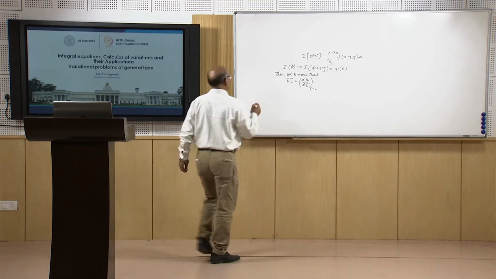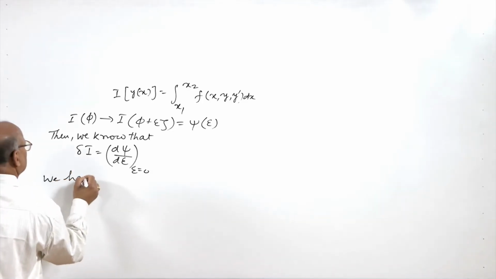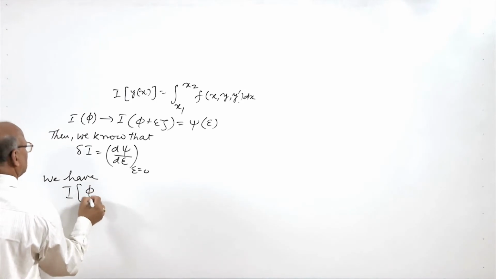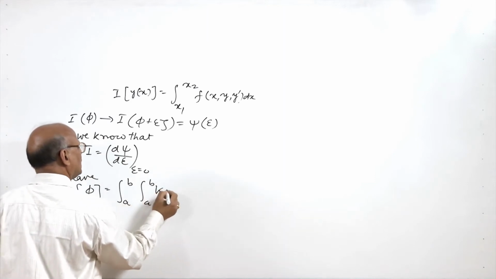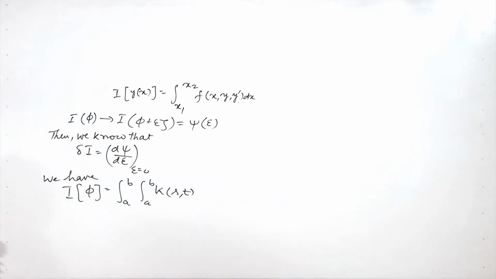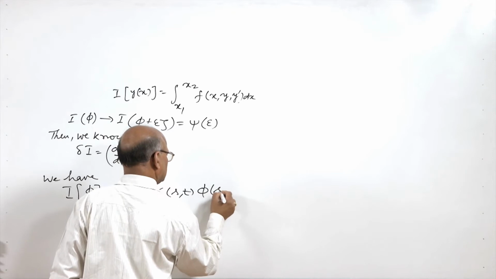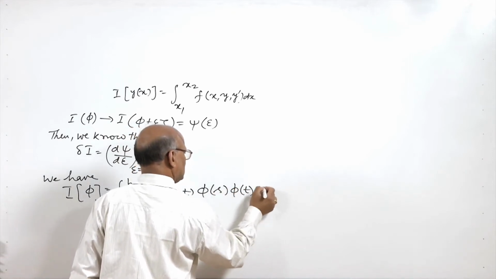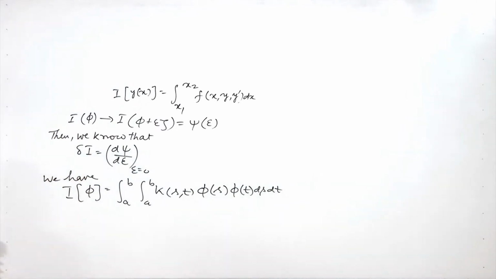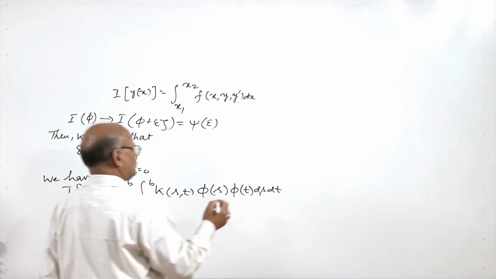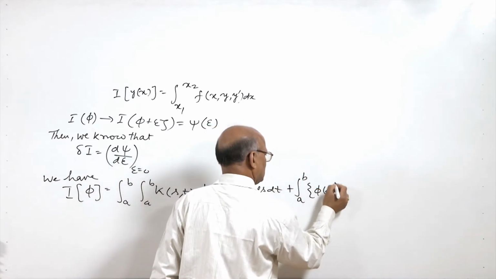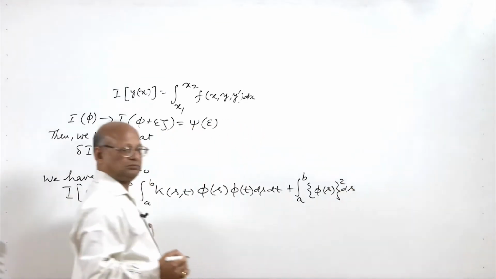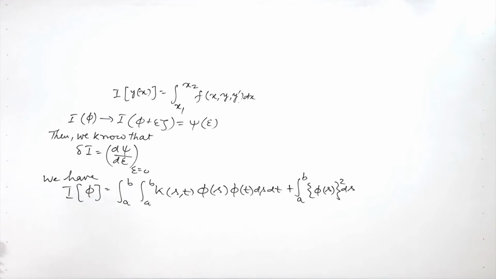We have I of phi equal to the integral over a to b, integral over a to b of K(s,t) phi(s) phi(t) ds dt, plus the integral over a to b of phi(s) whole square ds, and then minus 2 times the integral over a to b of phi(s) f(s) ds.